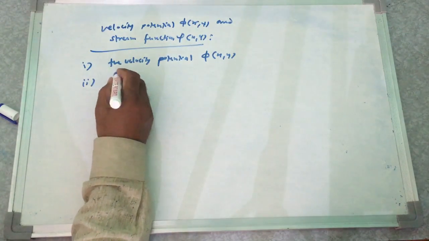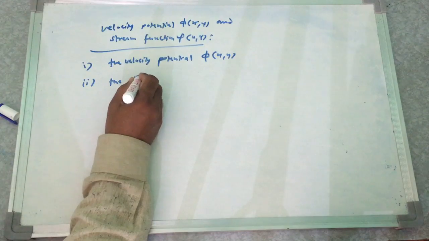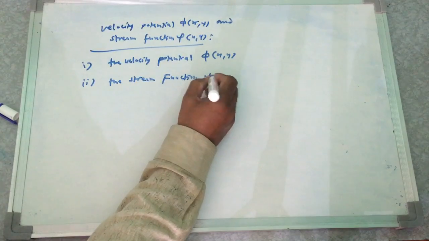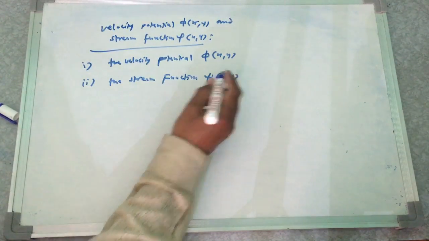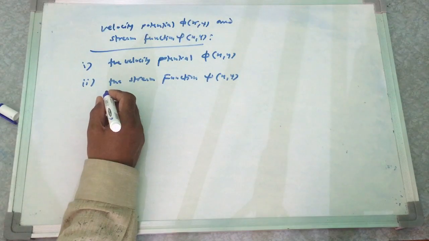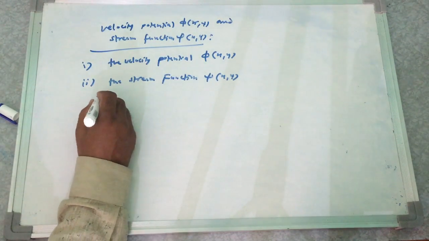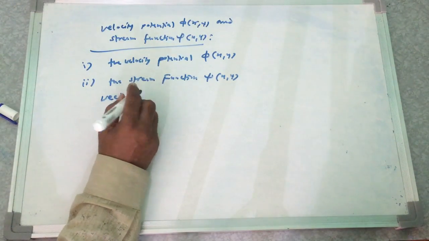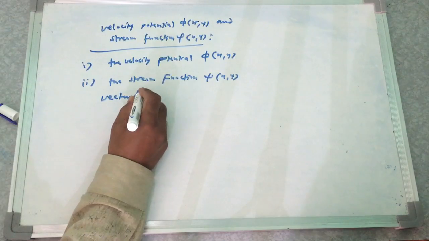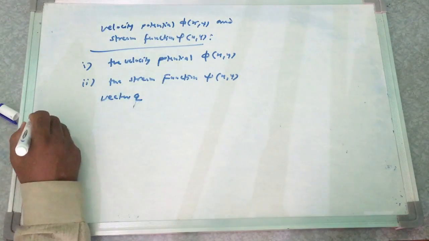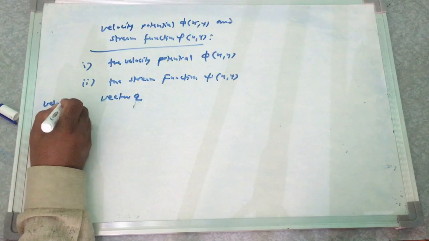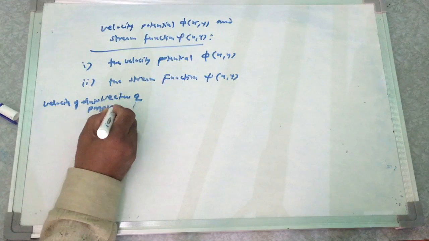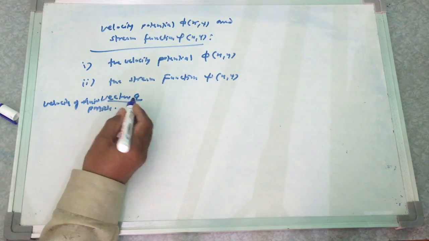Number 2, the stream function psi of x y. The velocity of fluid particle is denoted by vector q.